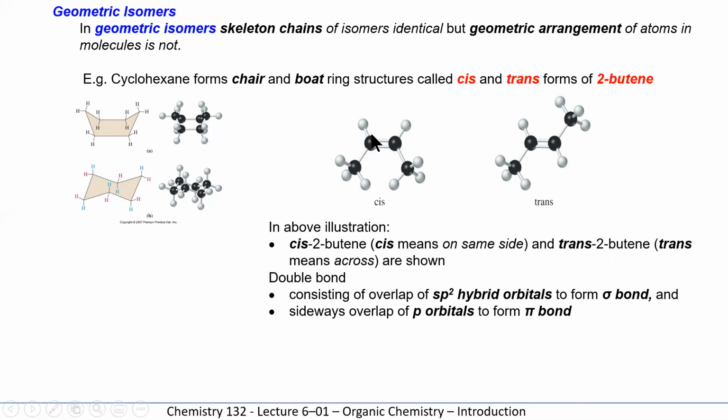And that pi bond really exists above the plane and below the plane of the carbon atoms, whereas the other part of the double bond is called a sigma bond. And the electrons tend to be localized between the carbon atoms in the sigma bond. So one of the double bonds is a sigma bond, the other is a pi bond.